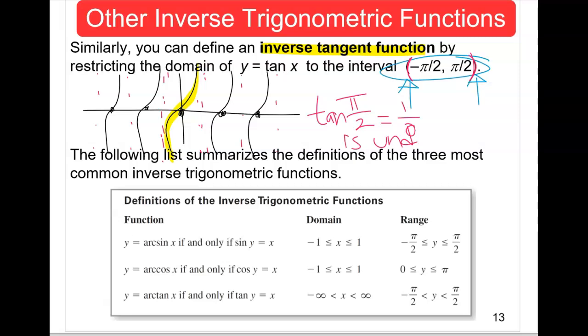That was part of the previous section, 4.6. We said that at pi/2 and any other odd multiple of pi/2 there will be a vertical asymptote, and that is actually excluded from the domain. So that's why we have to exclude it when we restrict the domain.